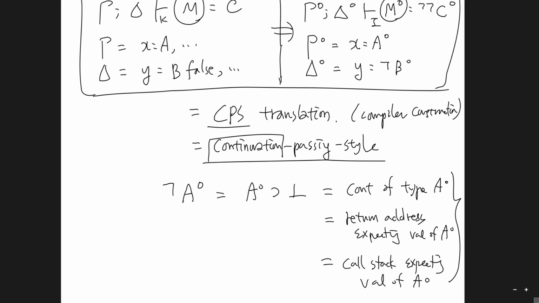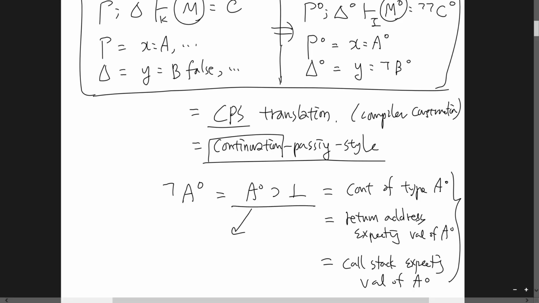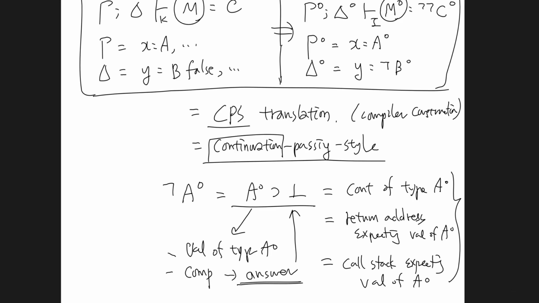So basically, this thing expects a value of type A circle, and then it carries out some computation, and then finally returns some answer. We don't know what the answer is, so it is bottom, but we know that there is some sort of answer.